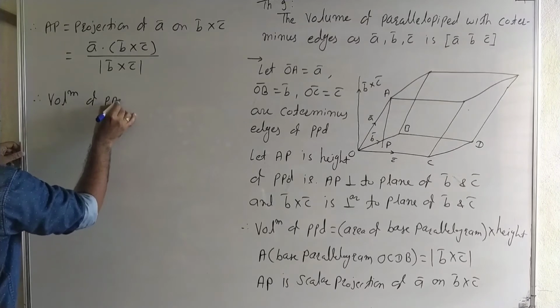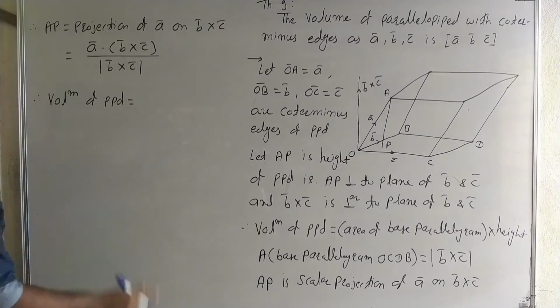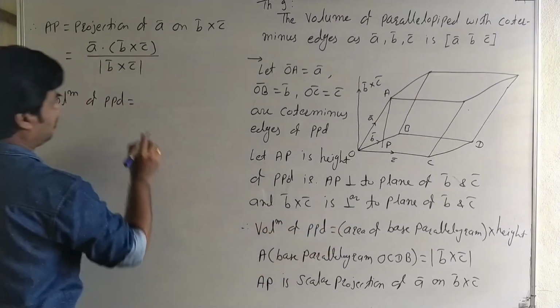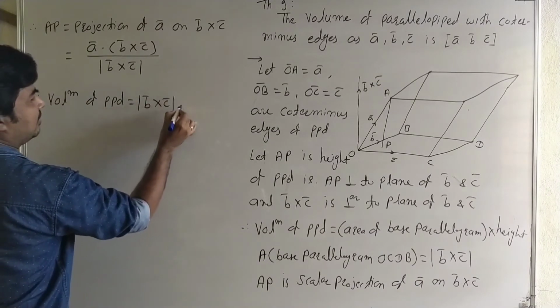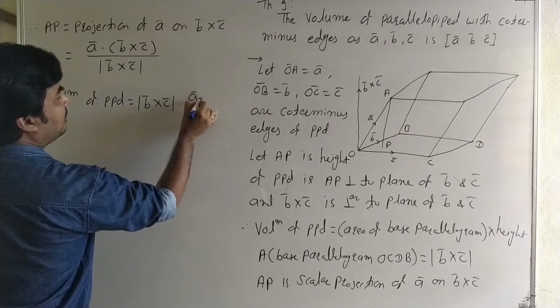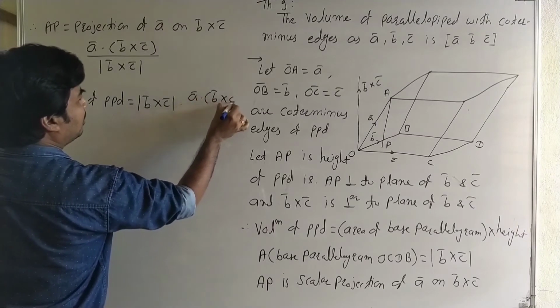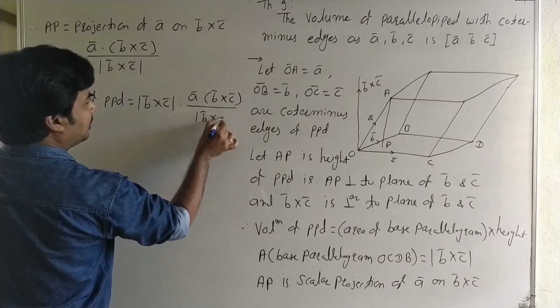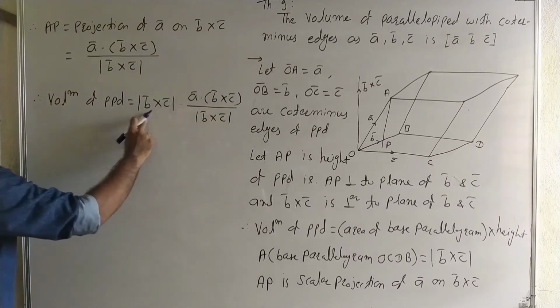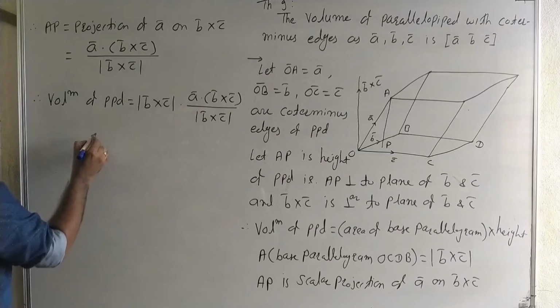Volume of parallelepiped is equal to area of the base parallelogram, magnitude of B bar cross C bar, into A bar dot B bar cross C bar upon magnitude of B bar cross C bar. Now magnitude of B bar cross C bar and magnitude of B bar cross C bar get cancelled.